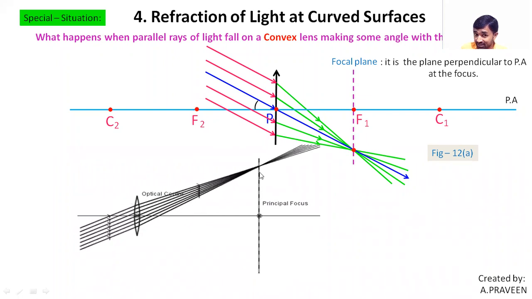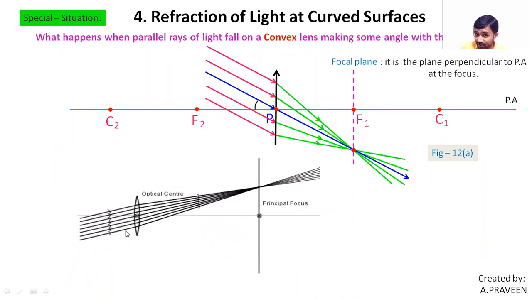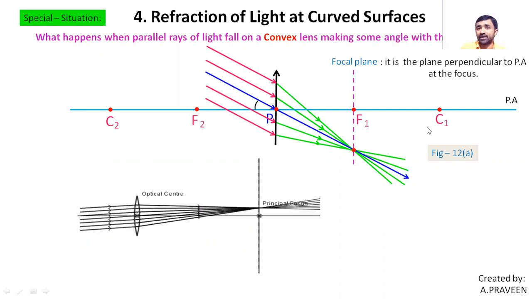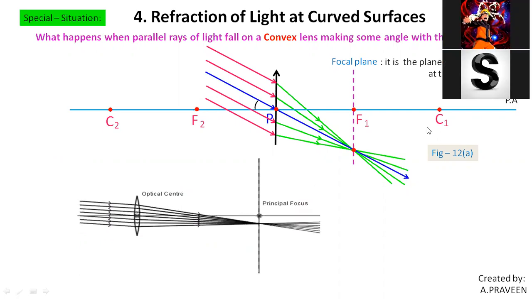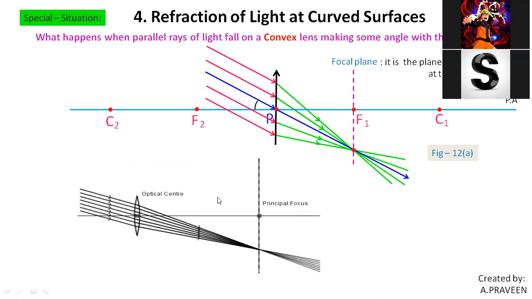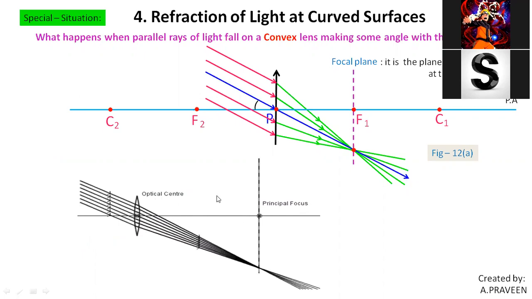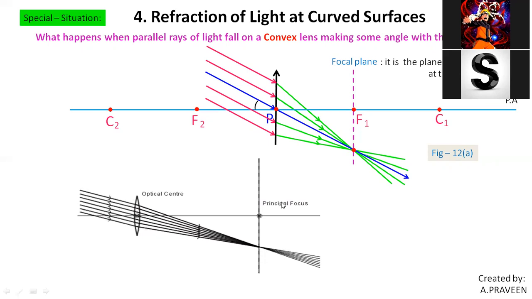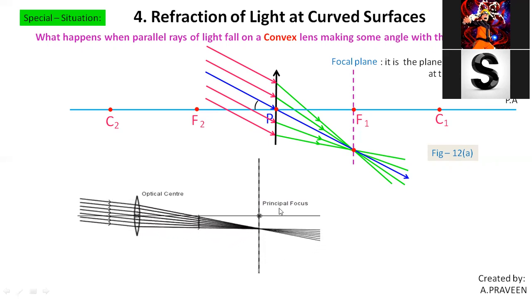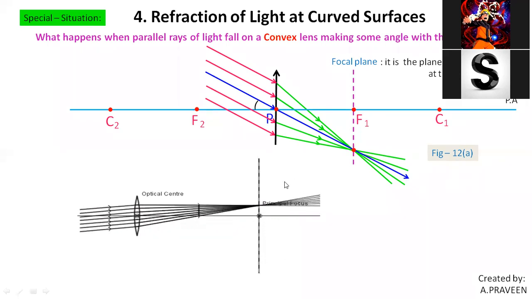Are you able to see the converging point of the light rays when I rotate this parallel beam of light rays? Here I am rotating that parallel beam up and down relative to the principal axis. So always that converging point is located on the focal plane. Is it clear, everyone? That is what I explained in the previous diagram?